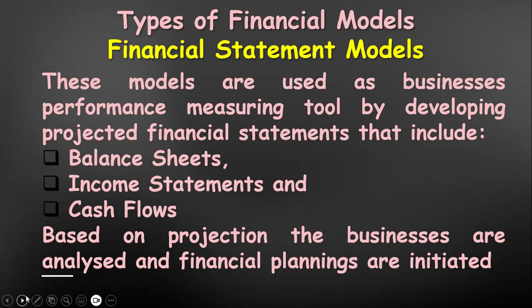Projected means future financial statements or forecast future financial statement. We have three types of the financial statements that include balance sheet, income statement, and cash flow statement. Based on the projection, the business are analyzed and financial planning are initiated.